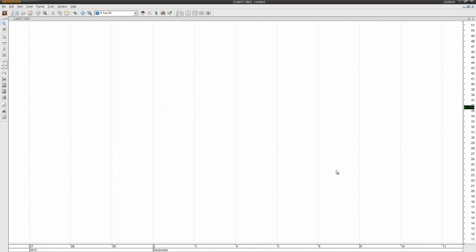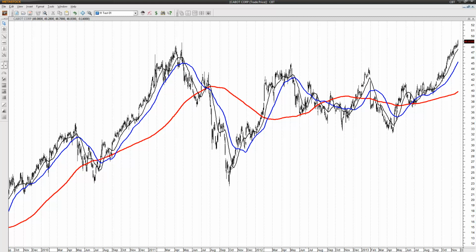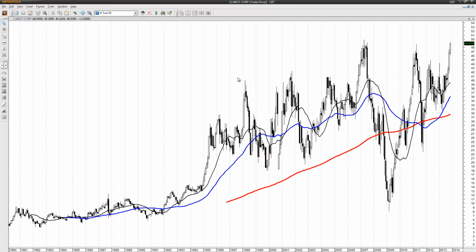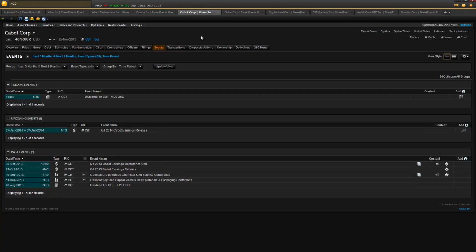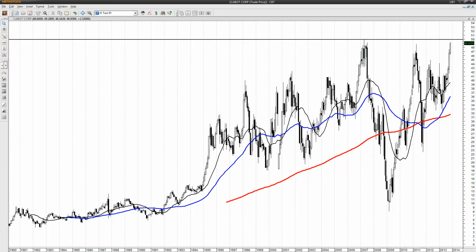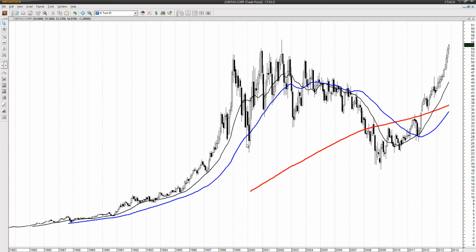Okay, next chart. Cabot Corporation. This is where I put in my resistance line at 49.87, and checking for earnings. No earnings. Next chart. Cintas.